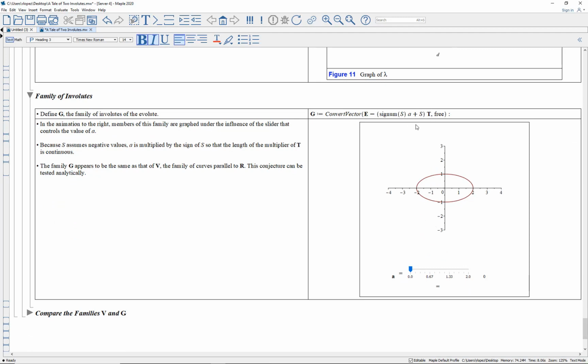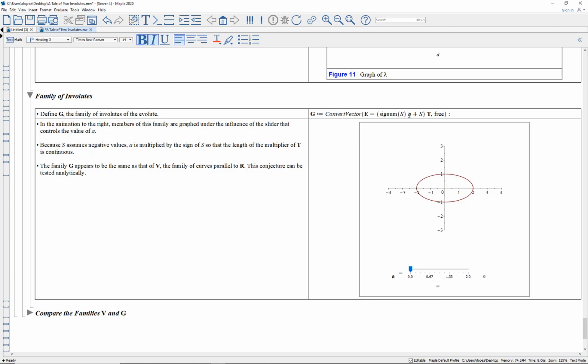The way we'll do that is add to the arc length. But notice it says signum. So in other words, when arc length is positive, you want to add a positive amount. And when the arc length is negative, you want A to be negative.